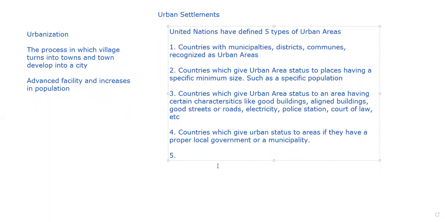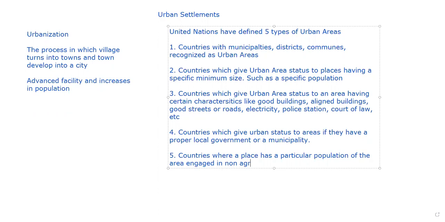Then type number 5, countries where a place has a particular population of the area engaged in non-agricultural activities.